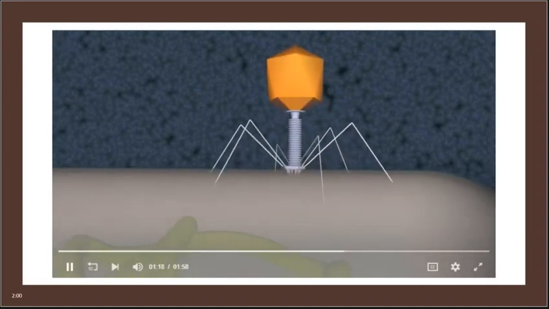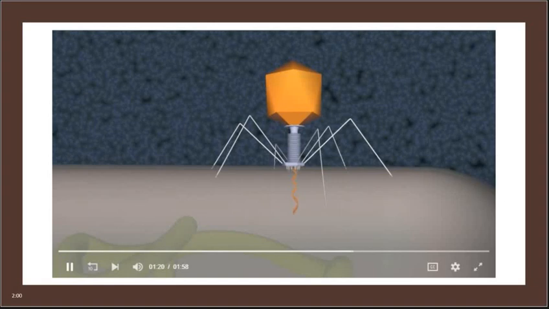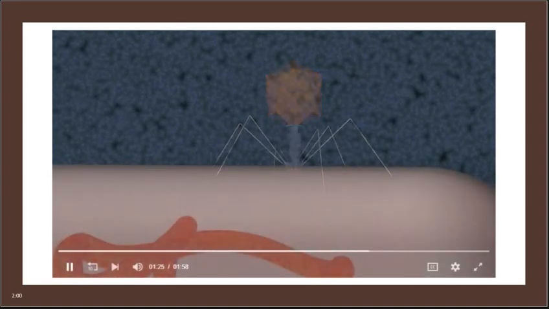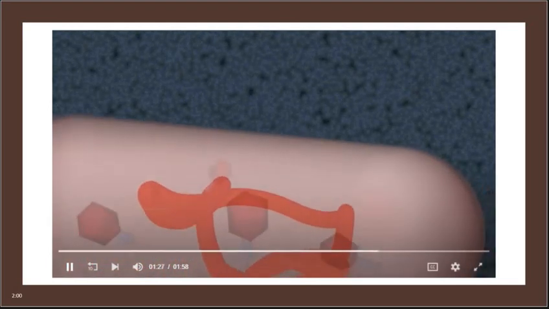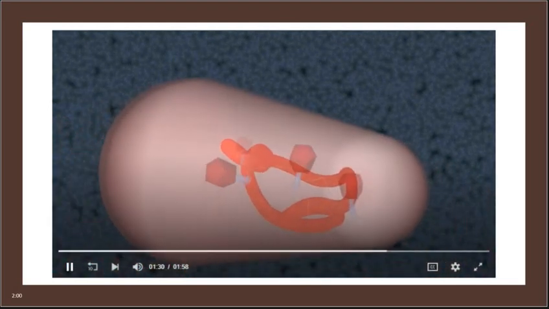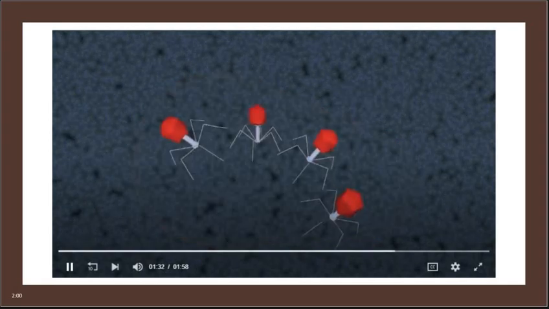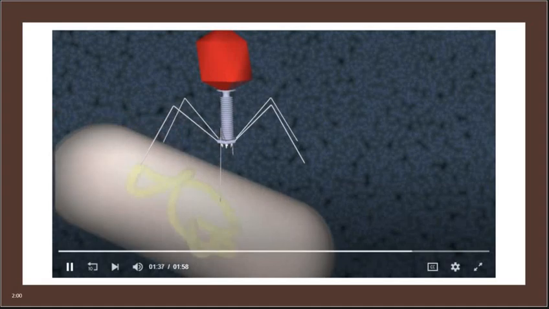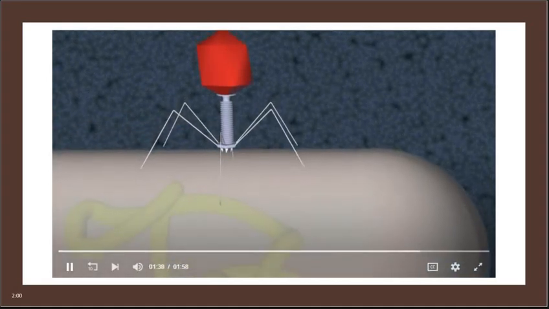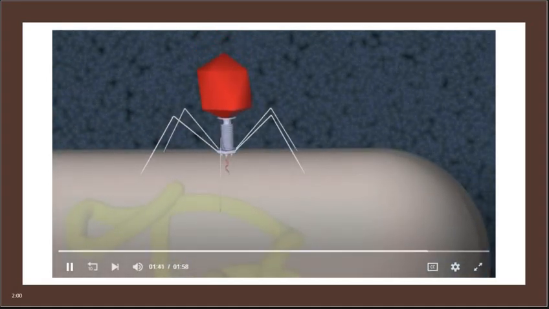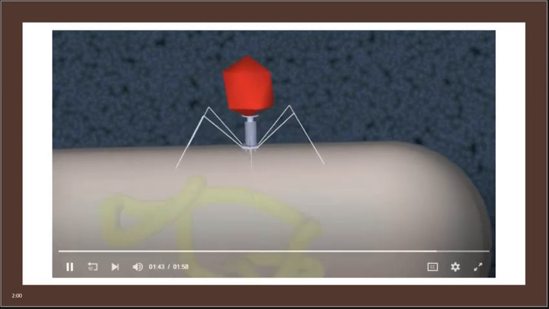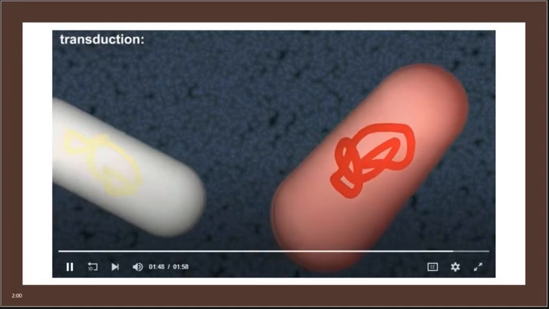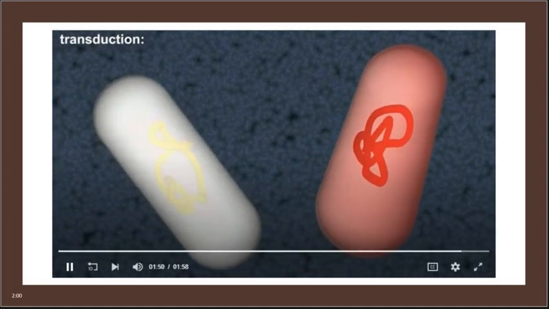This occurs when the virus's DNA becomes incorporated into the bacterium's DNA. At this stage, the virus depends on the host bacterium for the replication of new phage particles. When the new phages emerge from the host, some may carry pieces of bacterial DNA. If the new phages attach to other bacteria and the DNA becomes incorporated into bacterial DNA, new genetic types of bacteria may be produced. This process, in which bacteriophages assist in the genetic recombination of bacteria, is known as transduction.